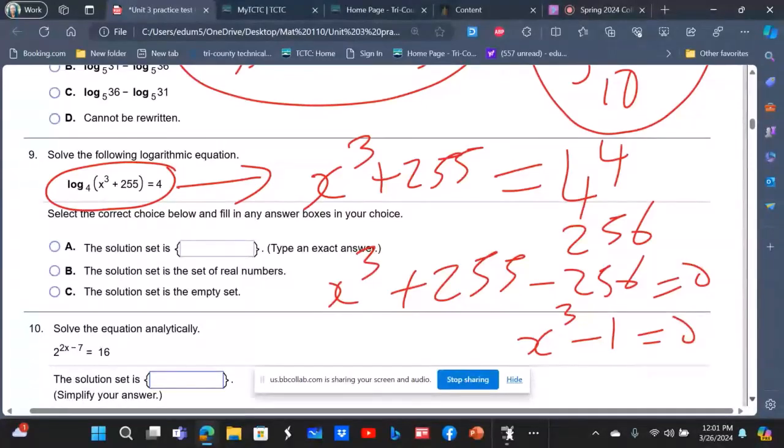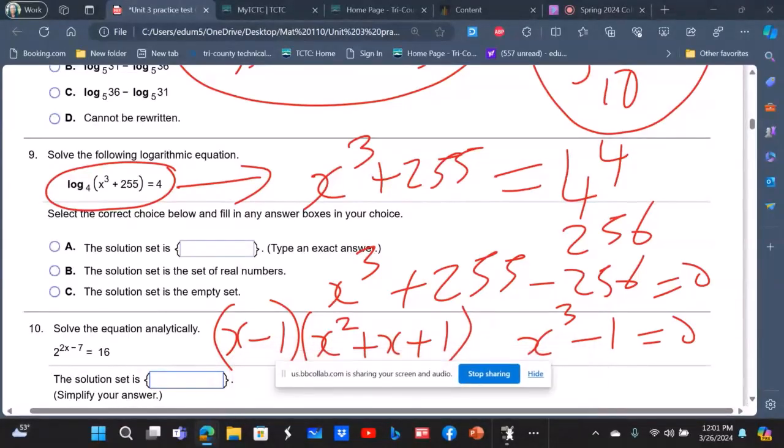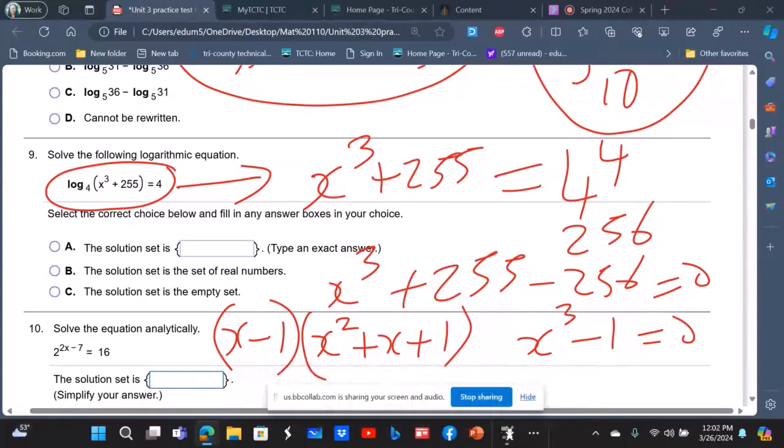You could be told to solve this, but you already know that this is going to be x minus 1. If you expand it, it's a difference of 2 cubes, with x squared plus x plus 1.